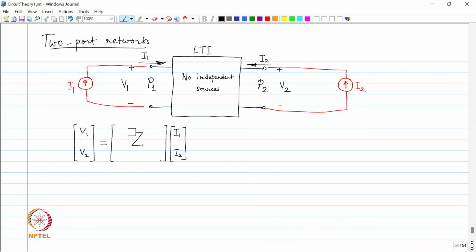We are going to call the entries Z11, Z12, Z21 and Z22, to be explicit over here. This is this parameter set. So, these are called the Z parameters or the impedance parameters.